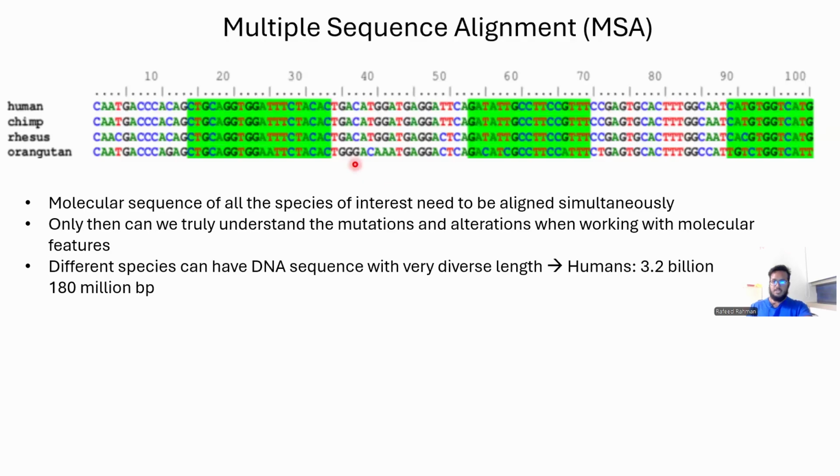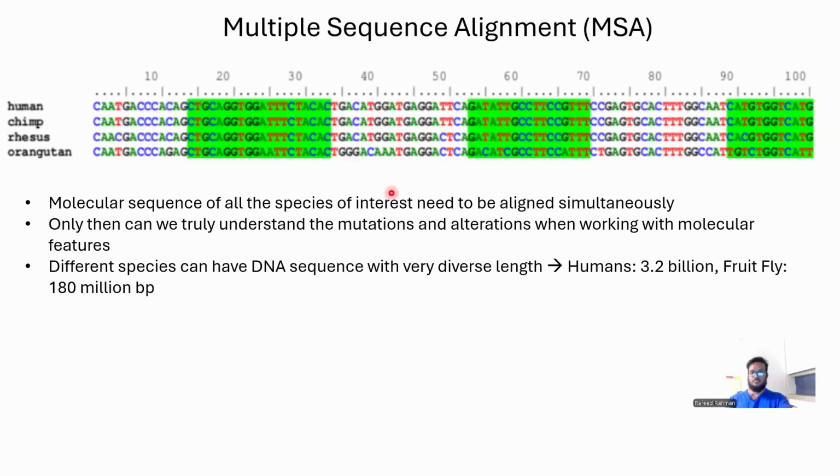But the main issue is different species can have very diverse length DNA sequences. For example, humans have around 3 billion base pairs in their DNA sequence, whereas fruit fly has only 180 million base pairs. So if you want to align a 180 million base pair and a 3.2 billion base pair sequence together, it can be quite impossible sometimes.